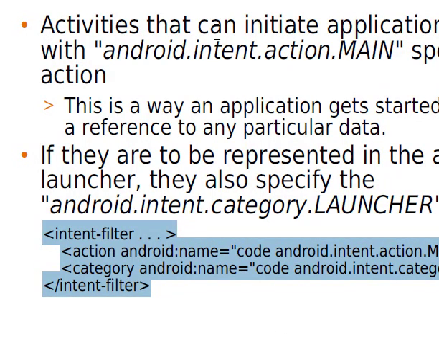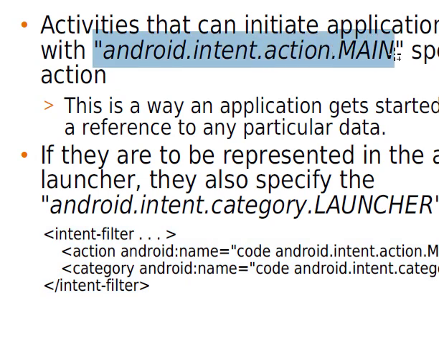The main action means it is an activity that can start the application. So that is the filter. Activities that can initiate the application have filters with MAIN specified as the action.